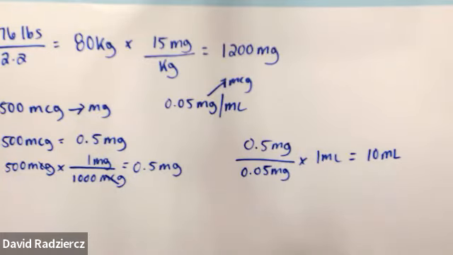Yeah, so what makes this problem complex is the fact that you have to do a conversion before you can do the math. And when you mentioned earlier about reconstitution, that's not necessarily more complex. You just need to know what to do with the information.